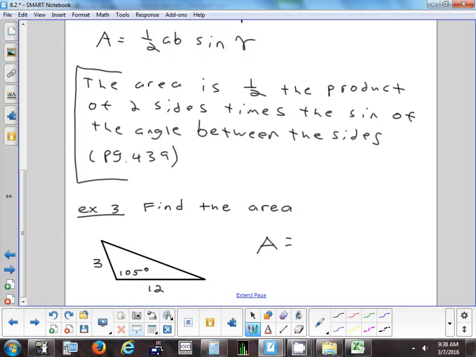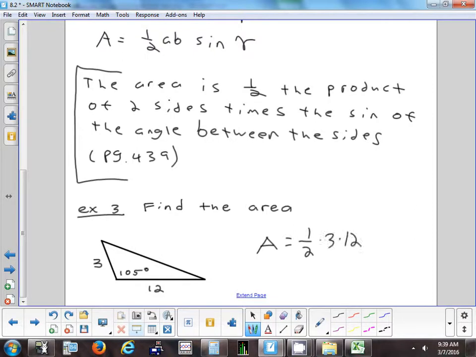And so anyone think they can give me the formula for the area of this triangle? John? It's 36. Well, that's going to be part of it. So what do you do first? The area is half of 3 times 12.